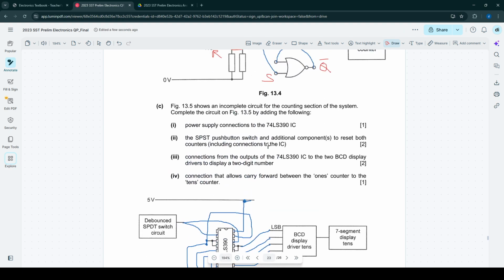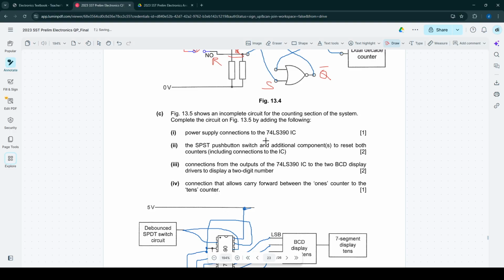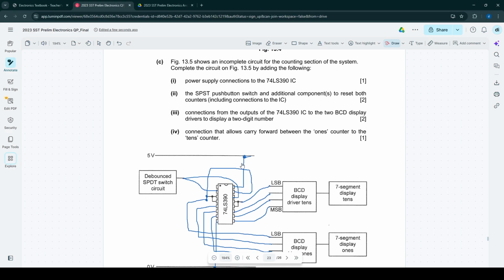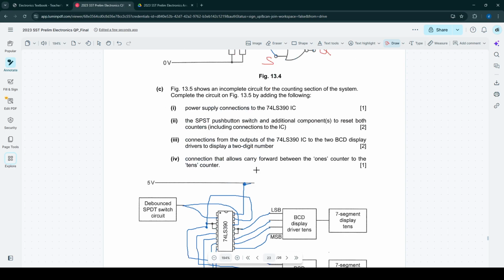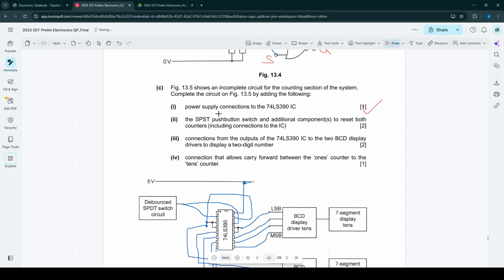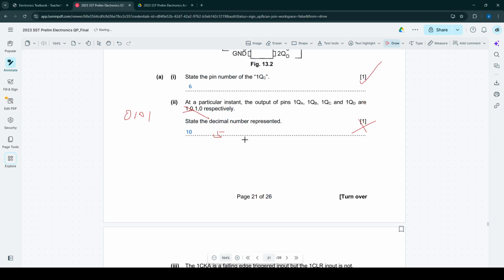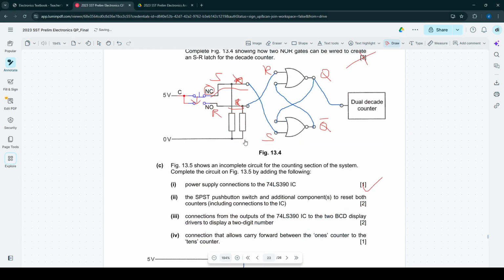13.5 shows an incomplete circuit for the counting section of the system. Complete this power supply connections to this. Single pole, single throw, push button to reset both counters. Whoa, they're making us check back.